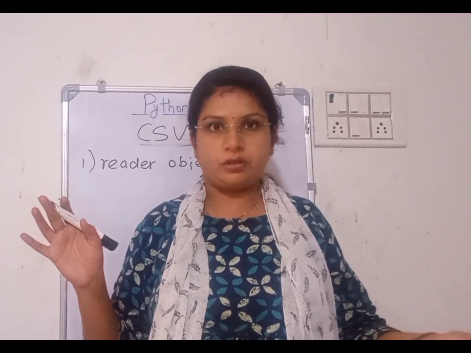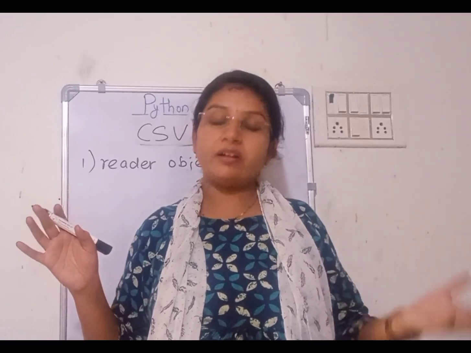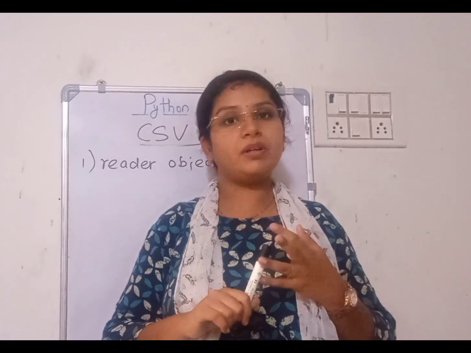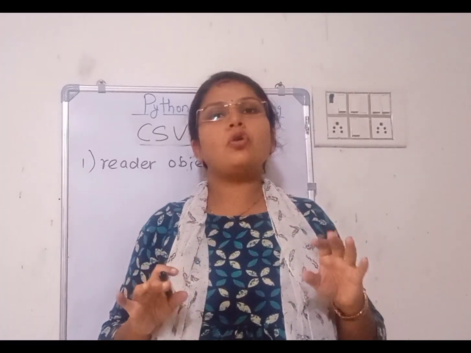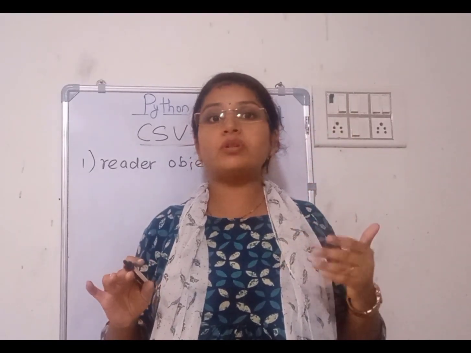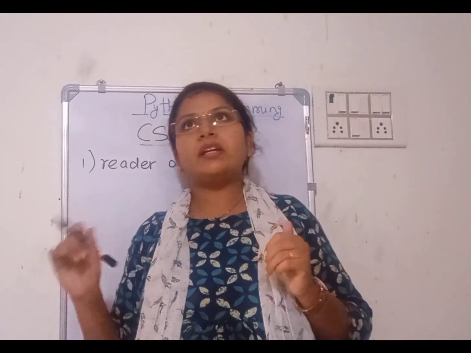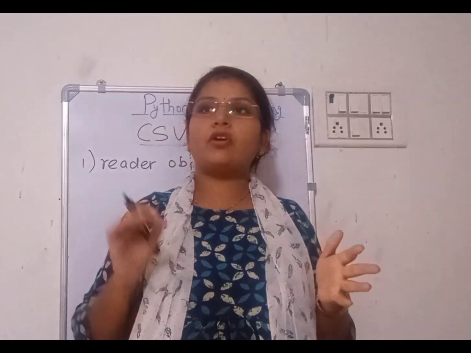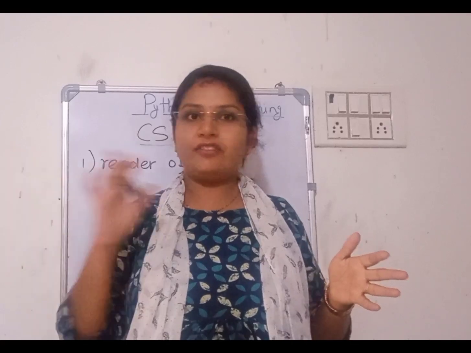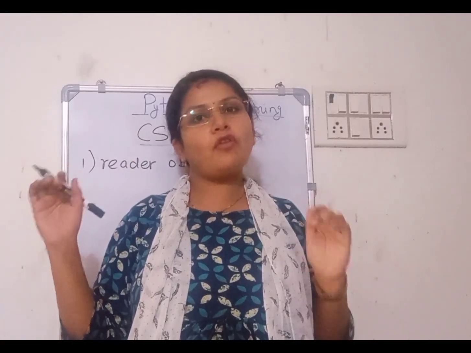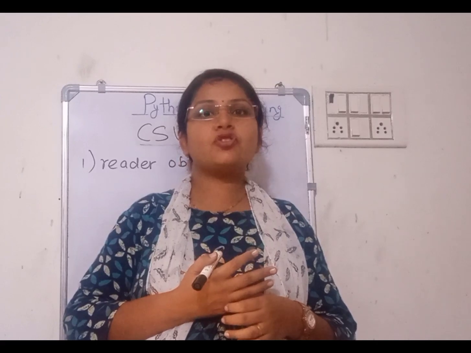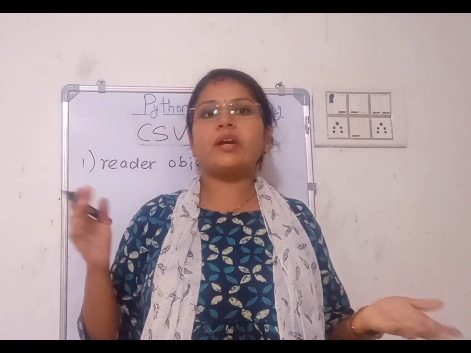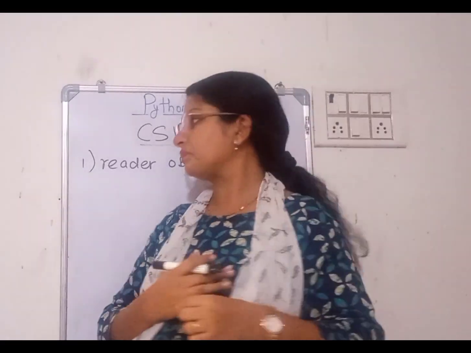Any data structure where you store the data, such as string, list, tuple, or dictionary. In the CSV file, we prefer the dictionary data structure because there are so many values in one record. But if the values are 1 or 2, then you can go with a list or string also, right?